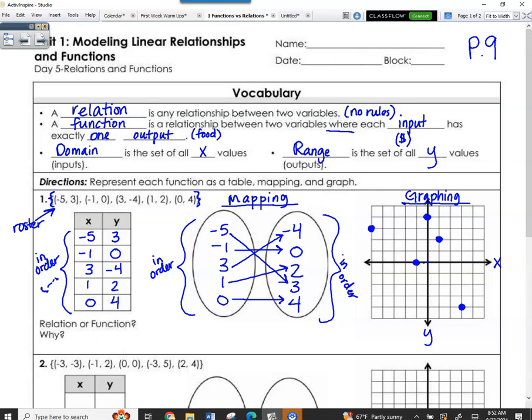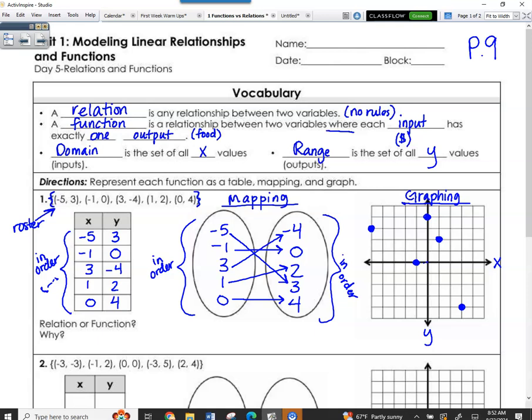All right, you've just represented a relation in a T table, in a mapping, and in the graph. Now we have to answer this question. Is it just a relation, or is it actually a function, and why? So every time you just pair numbers together, you have a relation, okay?